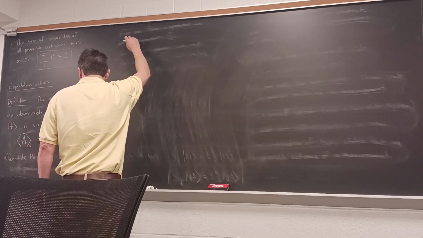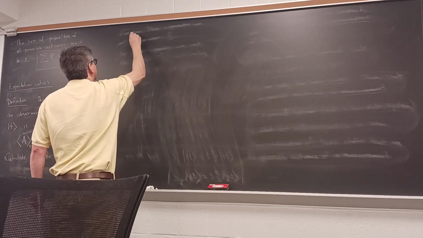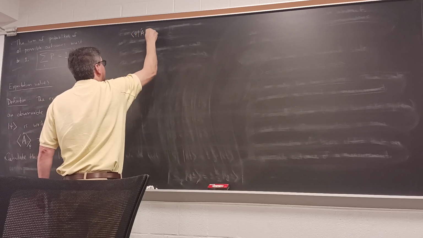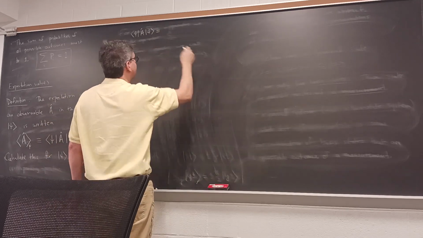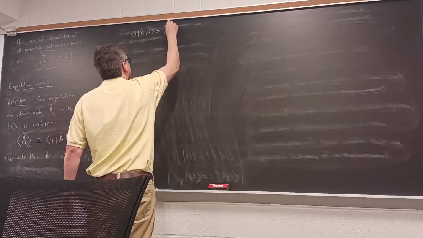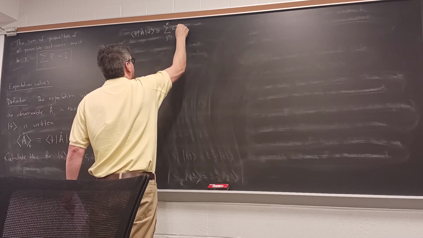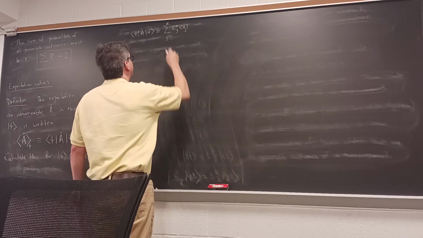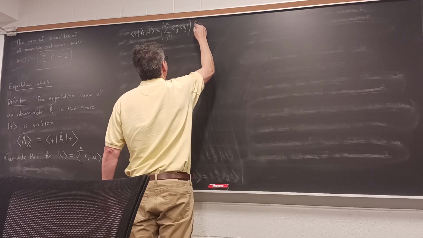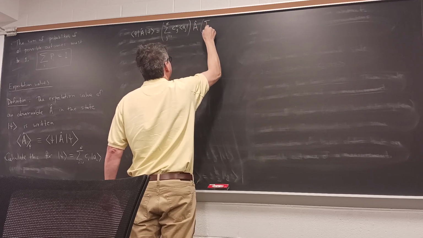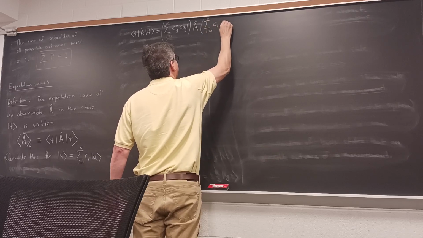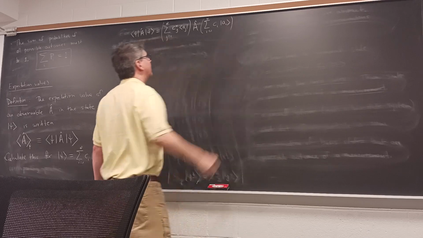Let's just write it out again. So psi A psi will be, and I'm just going to use the stuff we've written down over there, the sum over J of CJ star AJ, so that's that psi. And then we've got our operator A, and then the sum over I from 1 to n of CI AI.